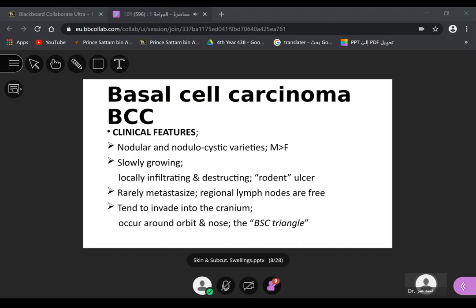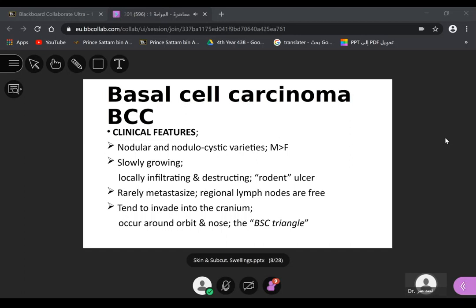This tumor usually happens in a triangle, an area above a line moving across the mouth, splitting the face into two halves. The first part includes the upper lip and above.